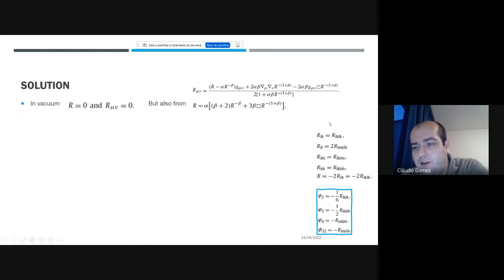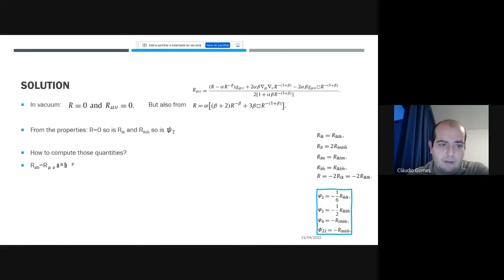So remember, these are the symmetries here and the linearly independent and non-vanishing Newman-Penrose quantities. From the properties, remember, if R equals 0, let's look into here.